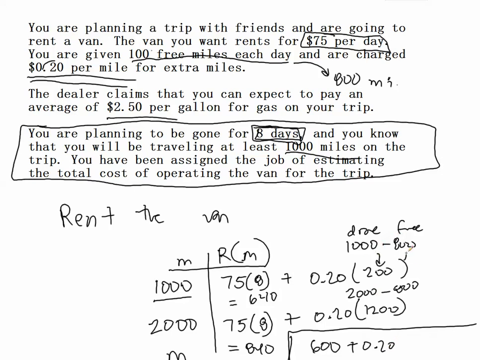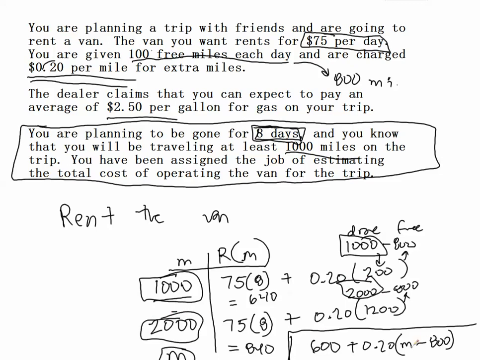I'm taking the miles that I drove minus the number of free miles. If I drive M miles, I subtract away the 800 free miles that I got, and the difference tells me how many I need to pay for, right? That's the same thing we did here, except the number that you drove was this number, and here it was this number. So all we're doing is symbolically replacing things.